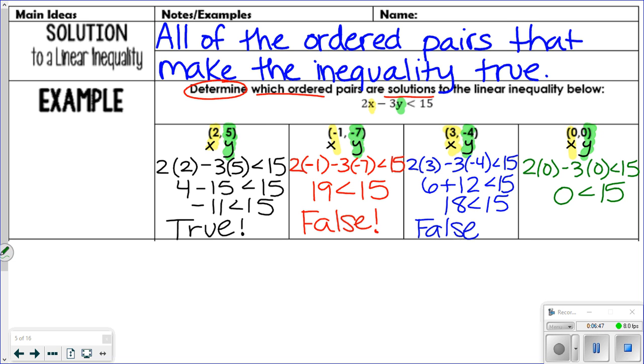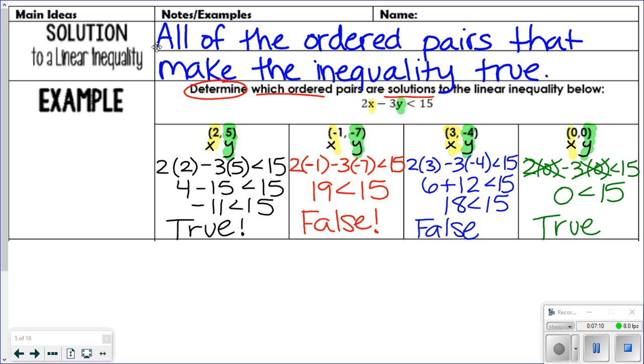So it's just 0. Is 0 less than 15? This is a true statement. So what that means, 0, 0 is an answer or a solution. It's in our shaded area. So this is going to help us a little bit later when we are graphing these.